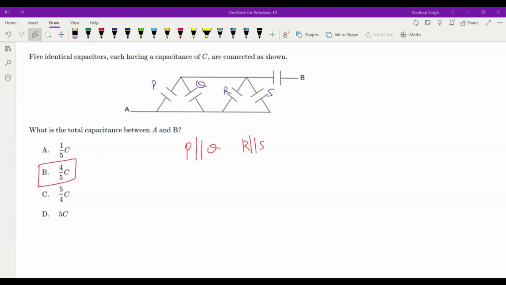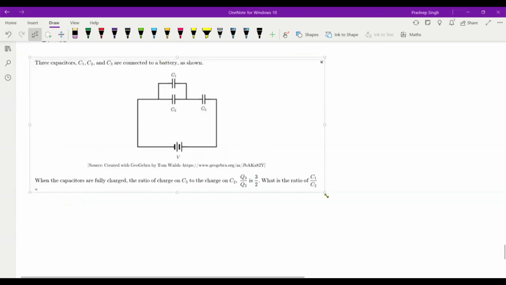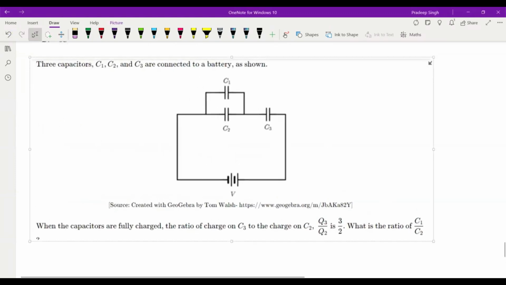Great. Next. This one was easy. Try this. Okay, these are the options.